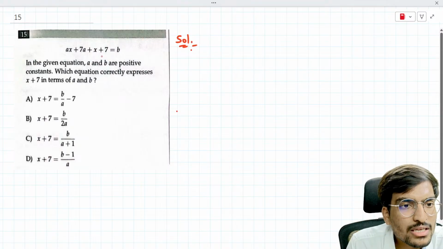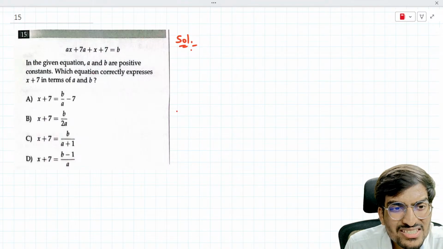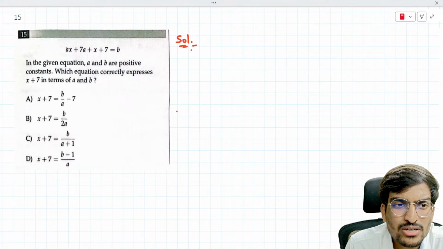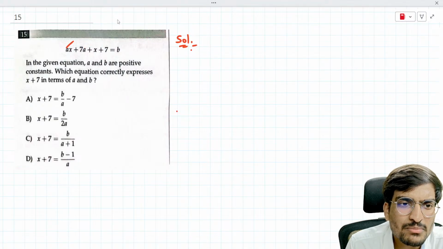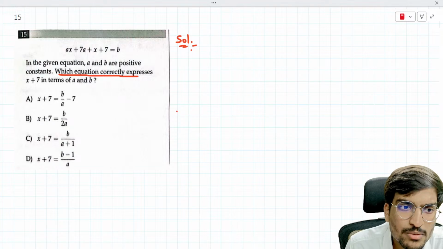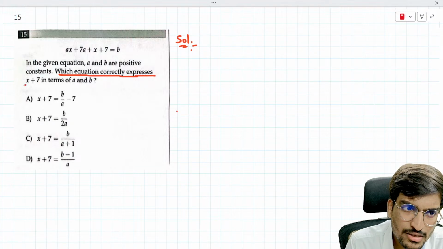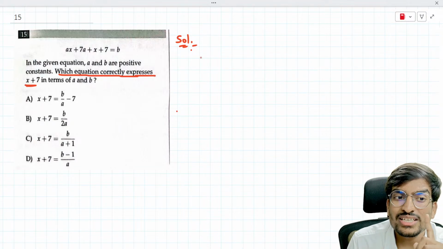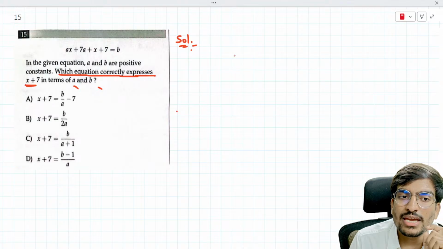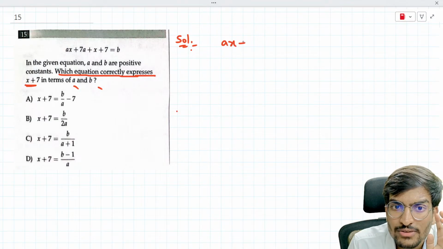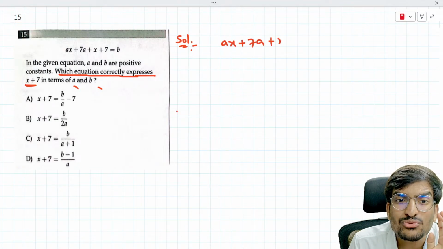Here they gave this equation. In the given equation, A and B are positive constants, some numbers. Which equation correctly expresses x plus 7? You need to express x plus 7 in terms of A and B, so you need to get x plus 7 from the given equation.